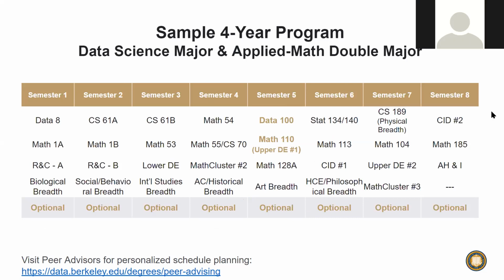Some nice things to note are that the applied math and data science major have a decent amount of overlap in terms of lower-div requirements, so that allows you to still fulfill your lower-div requirements within the first couple of years. And additionally, the data science major has a domain emphasis in applied mathematics and modeling. And if you use that domain emphasis, you'll be able to overlap some of your upper-division math classes with your data science major as well.